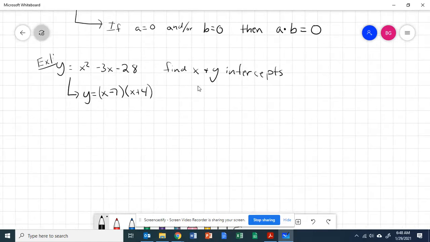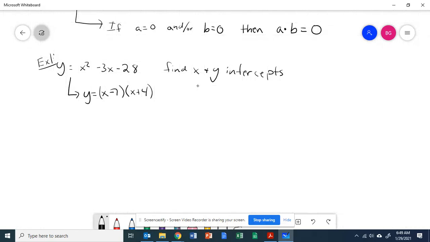Now, using this idea, we need to remember. Let's start with finding the x intercepts. We need to remember that when finding the x intercepts, every x intercept has the y value being 0. The y value is always going to be 0.